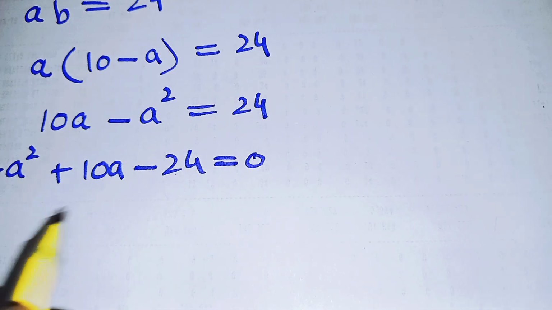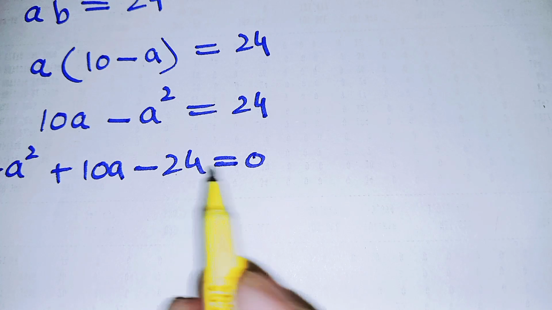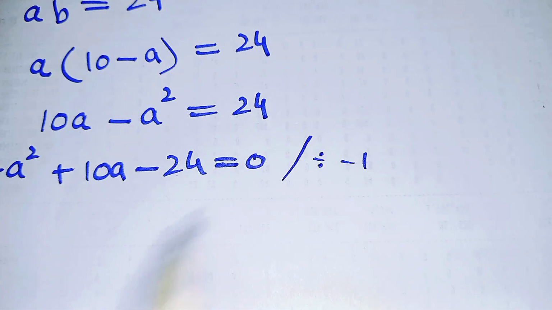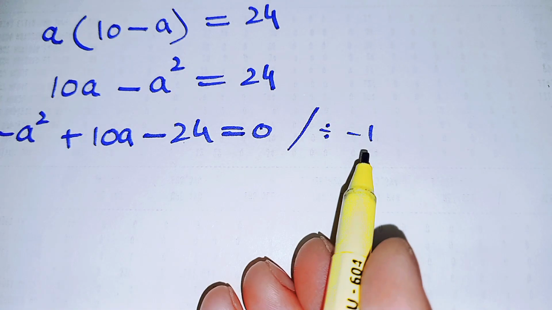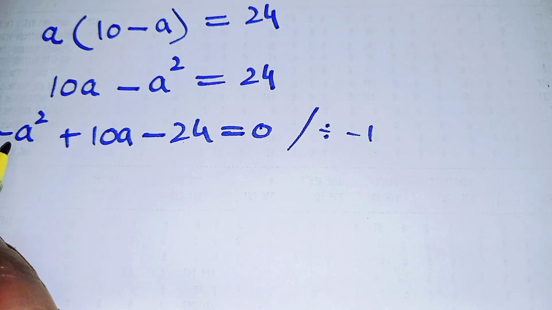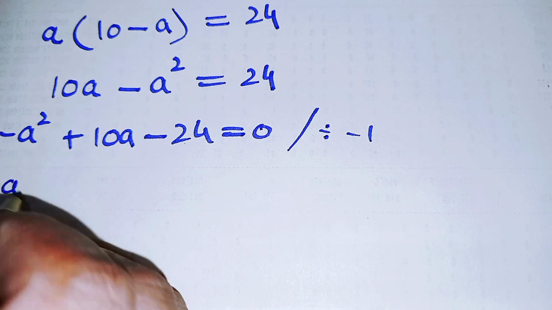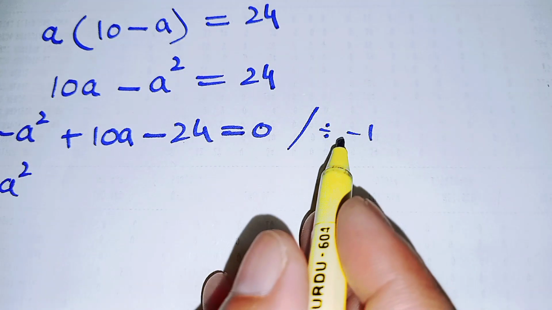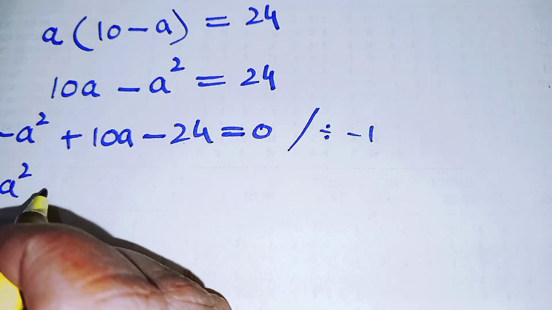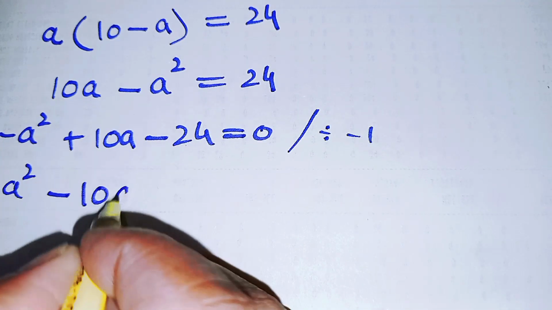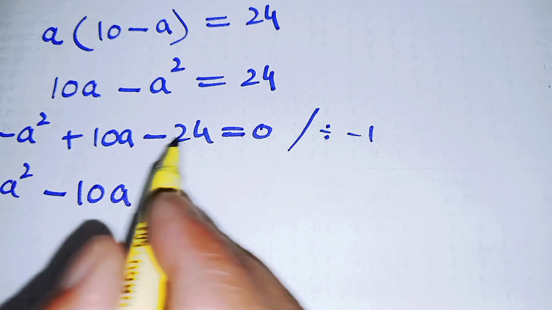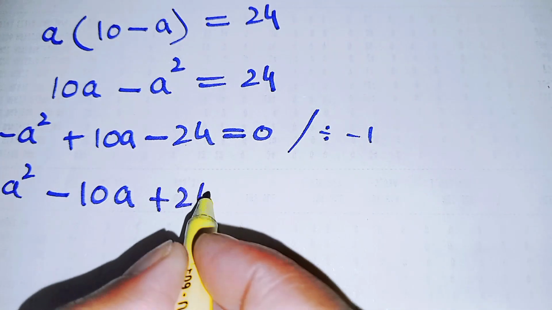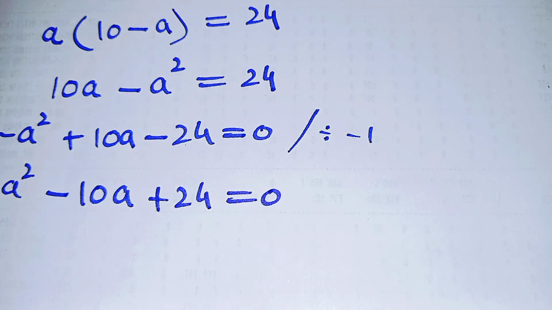Now we divide this equation by minus 1, so we get a square minus 10a plus 24 is equal to 0.